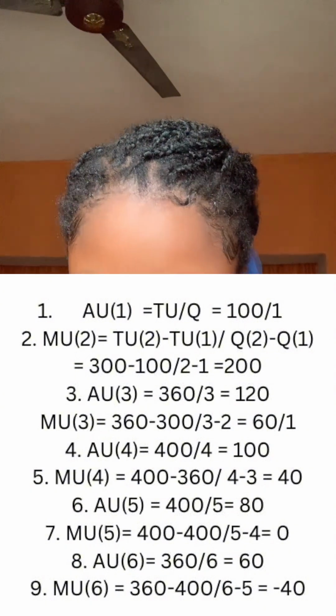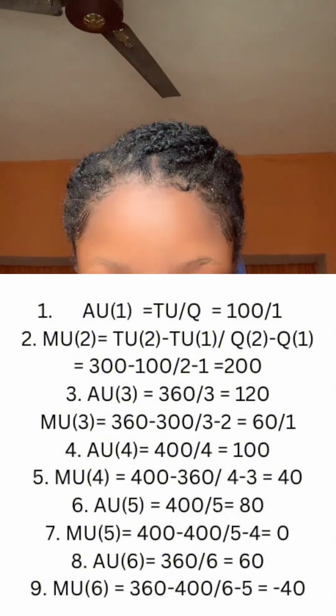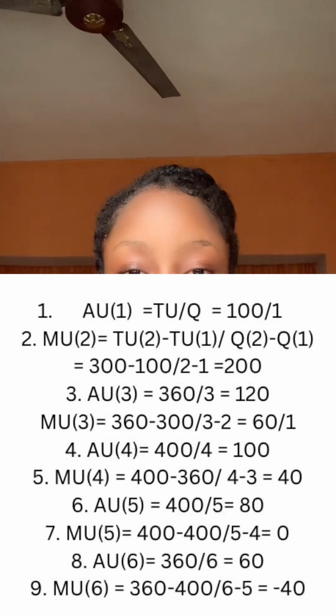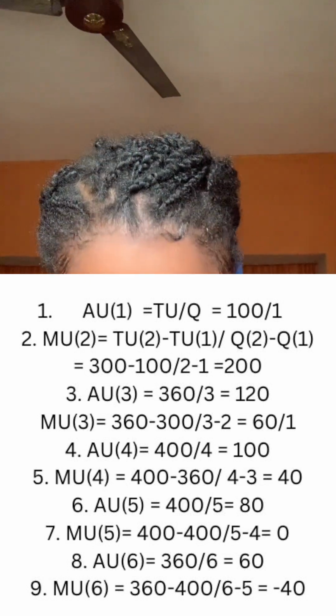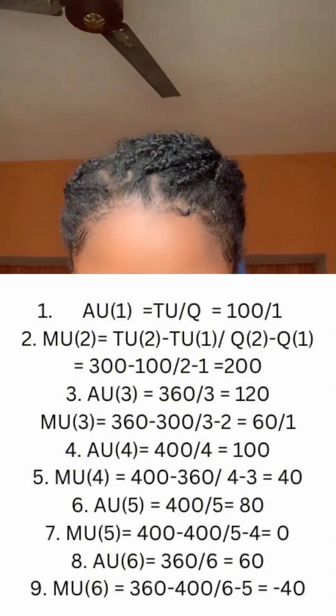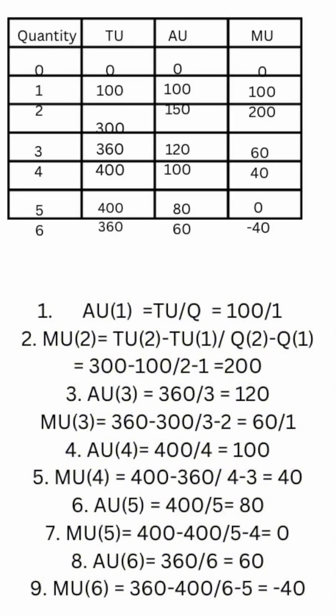Moving down, we're looking for average utility at quantity 3. Remember, average utility is total utility divided by quantity. So in this case, we have total utility to be 360 divided by quantity, which is 3. 360 divided by 3 is equal to 120, and that was how average utility became 120.